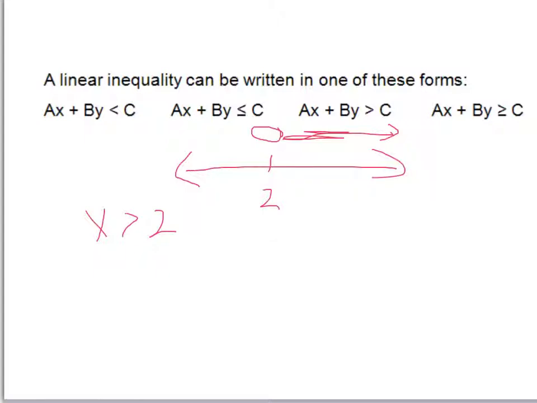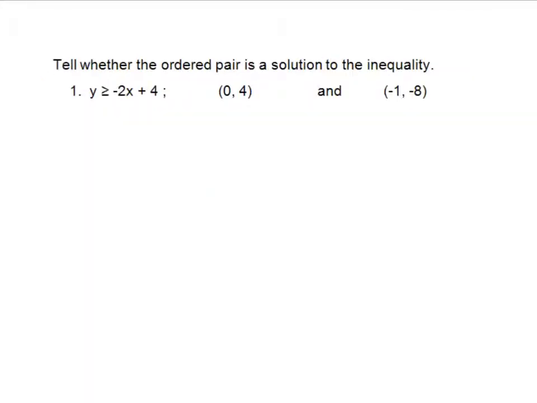Alright, but before we get into that, we're going to have a little practice. What we want to do is see whether or not the ordered pair is a solution to the inequality. So we're going to take each ordered pair, like 0, 4, plug it in for x and y, and see if it's a true statement. So that would be 4 is greater than or equal to negative 2 times 0 plus 4.